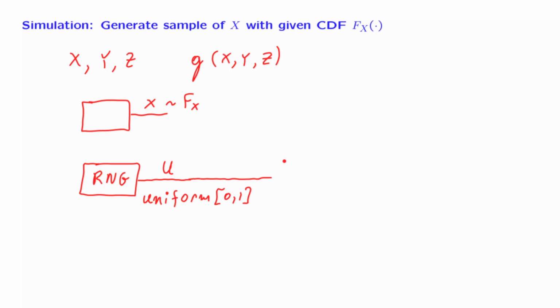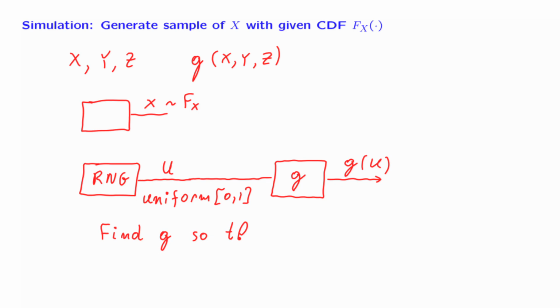What we want to do is to create some kind of box or function that takes this uniform random variable and generates g of u, and we want to find the right function to use, find a g, so that the random variable g of u is distributed according to the distribution that we want.